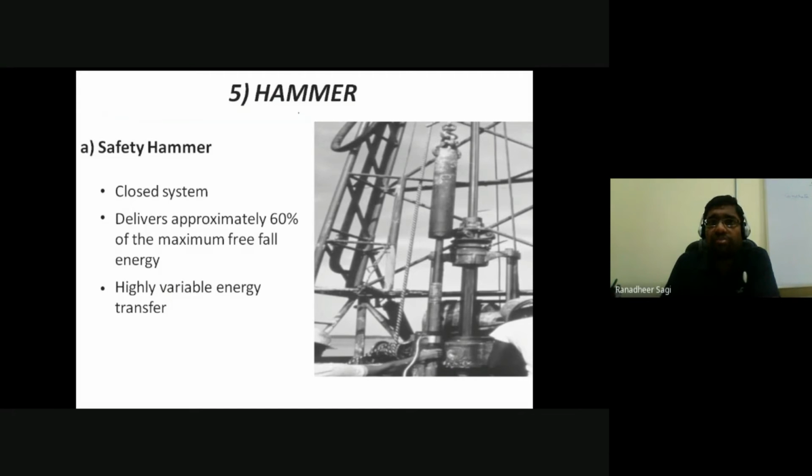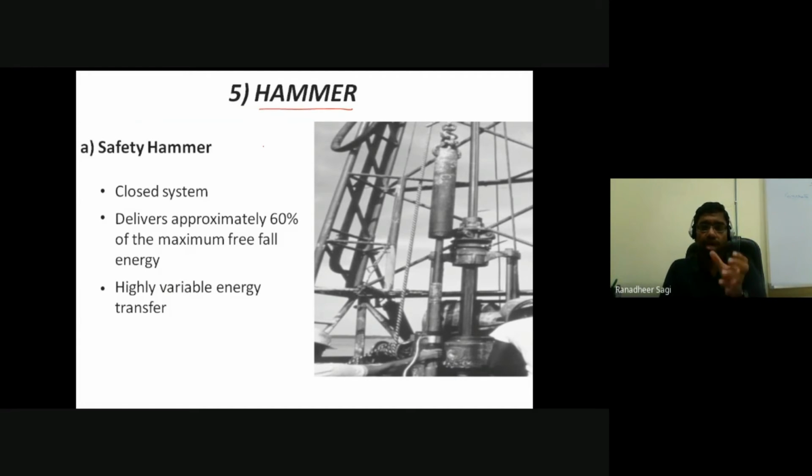So there are different types of hammers available. Typically it depends on the SPT N value you are trying to determine, and on the type of hammer you have used, because some types of hammers impart only 30-40% of the energy you are trying to transfer.